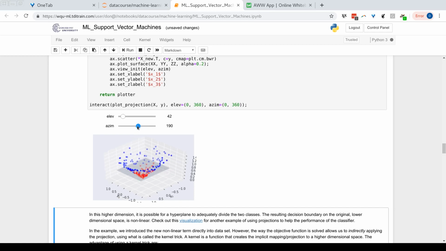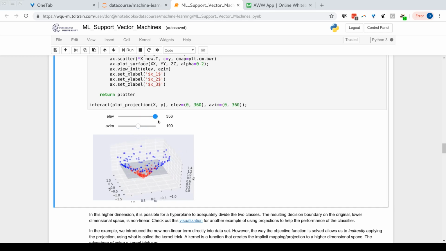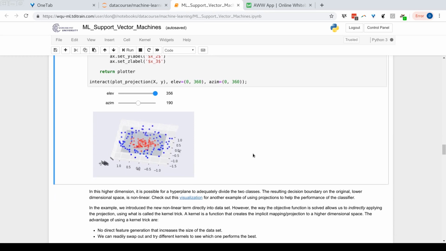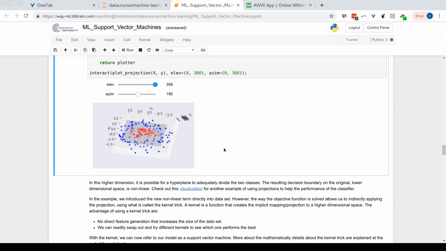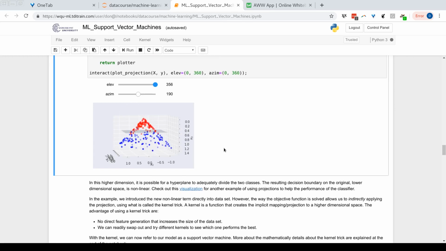Let me see if I can get a better view. Maybe if I flip it this way. What I'm trying to show you is the plane that's dividing our two classes. I'm flipping it, and you can see the plane is doing a pretty good job of separating the two classes. Not perfectly, but definitely better than we had before.